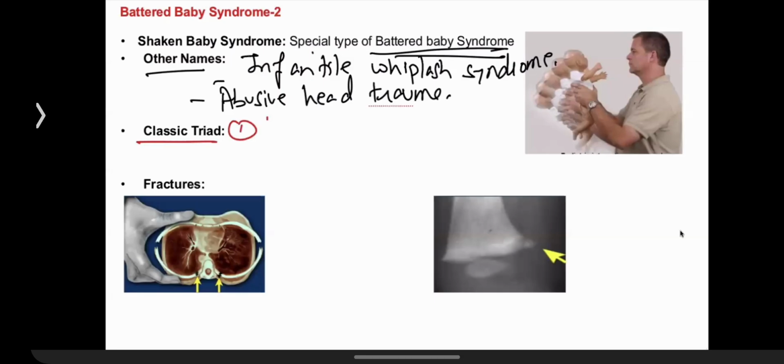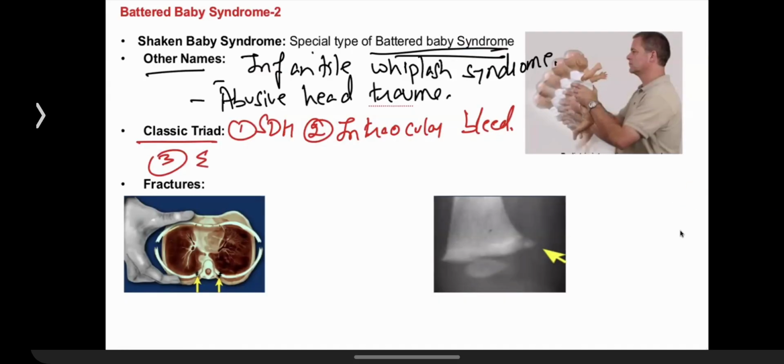There's a classic triad of subdural hemorrhage, intraocular bleed, and encephalopathy.